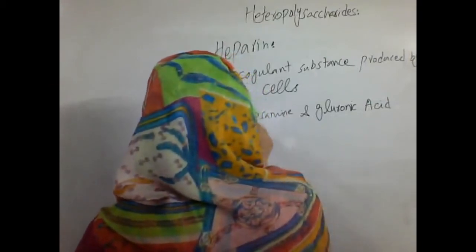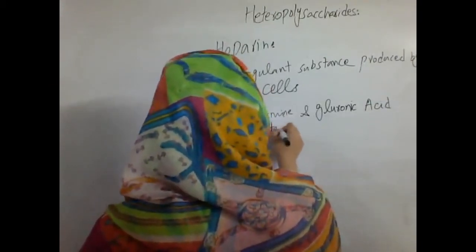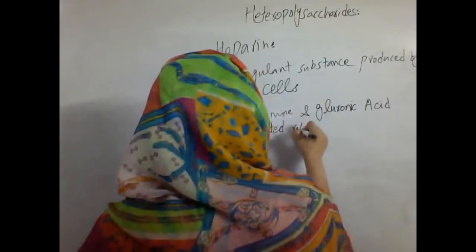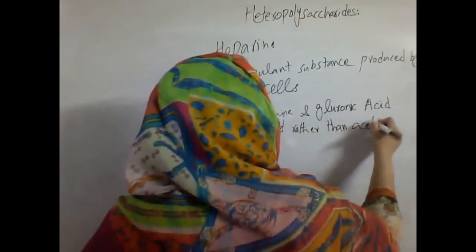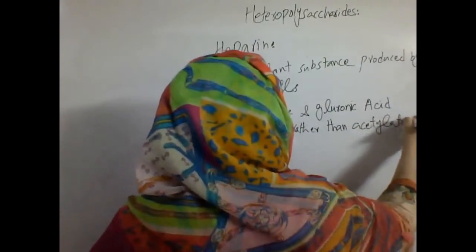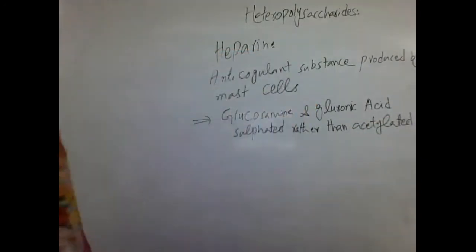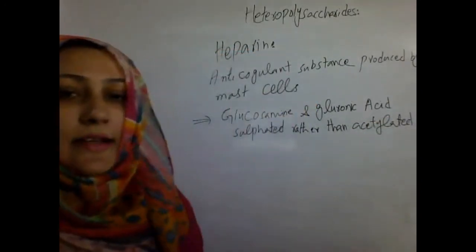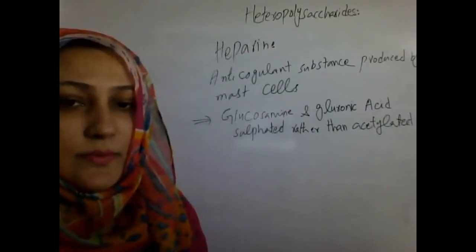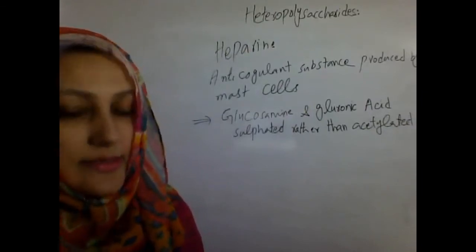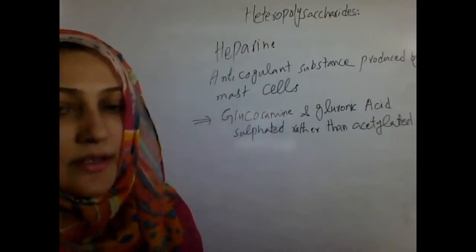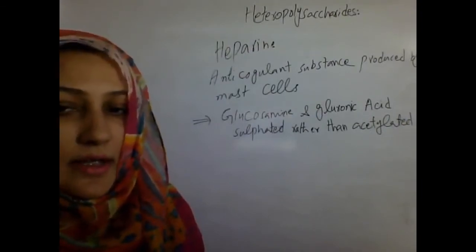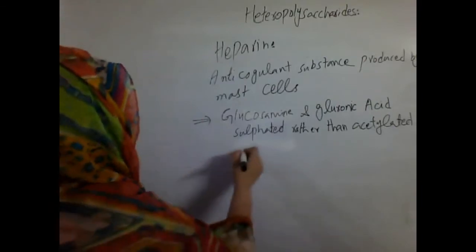These units are sulfated rather than acetylated. Heparin acts as the anticoagulant substance that is produced by the mast cells. It is the polymer of glucosamine and glucuronic acid, sulfated rather than the acetylated units.